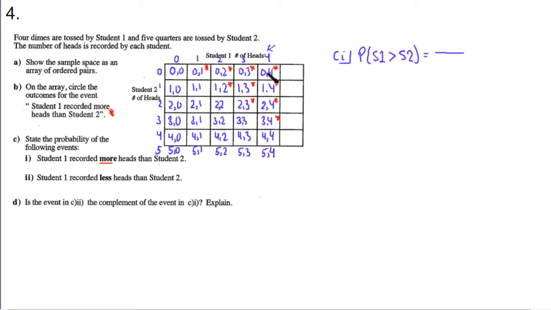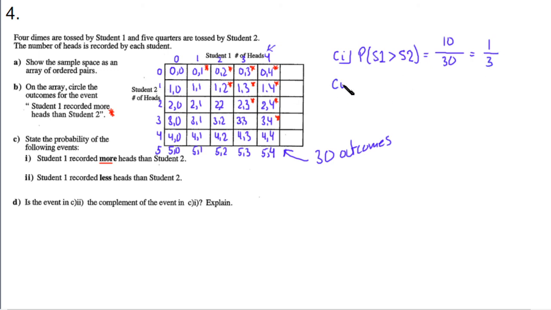The favorable outcomes here are the ones we labeled with these stars. So we have 1, 2, 3, 4, 5, 6, 7, 8, 9, 10. We have 10 favorable outcomes. And we have 1, 2, 3, 4, 5, 6, so there's a total of 30 outcomes. So it's going to be 10 over 30, which can be reduced down to 1 over 3, or 1/3.